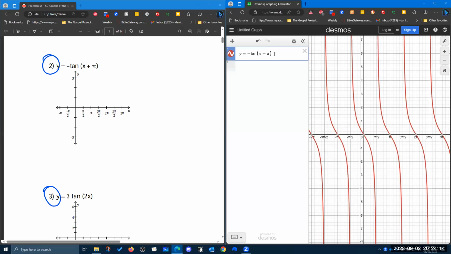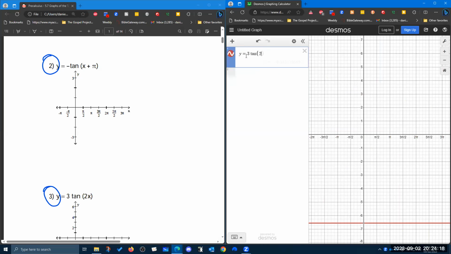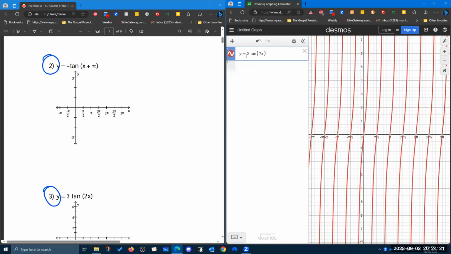All right, let's look at the next one, 3 tan of 2x. This one has a horizontal compression, and so things happen twice as fast, meaning that the asymptotes are going to happen twice as often. The zeros are going to happen twice as often. So instead of the zeros being at 0 and then again at pi, the zeros are at 0 and then pi over 2.